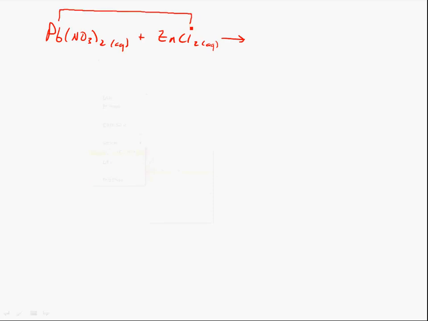I'm just going to draw my bridge here. So this metal is going to this non-metal, and then this metal is going to come over, get with that non-metal. Then you just switch them. PbCl plus zinc nitrate. Now you've got to pay attention to your charges.